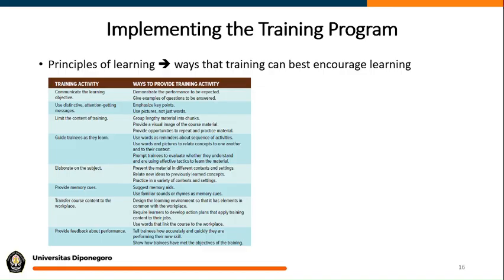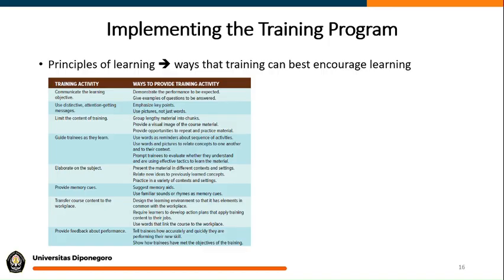So there are several training activities that you need to take care of, and you also need to understand some ways to provide those training activities.